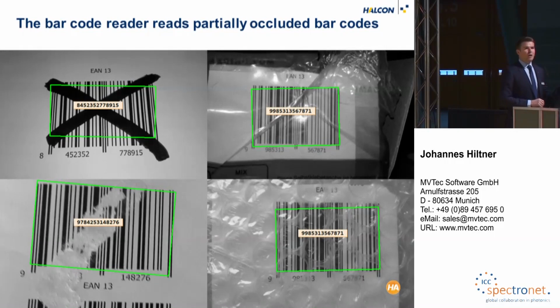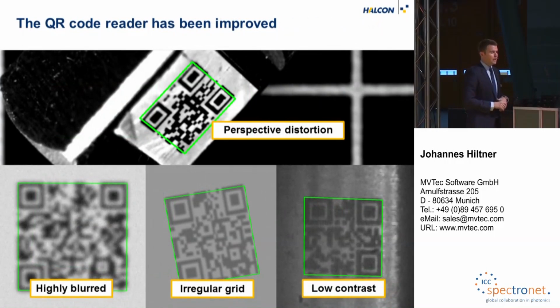So from the barcode point of view, but also from the data code point of view, and the QR code, for example, is very commonly used in the Asian regions. And we, again, with HALCON 13, improved the QR code in terms of perspective distortions, for highly blurred images, for movement blur or out of focus, for example.